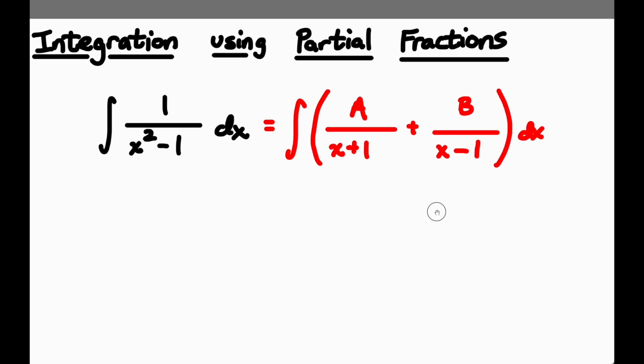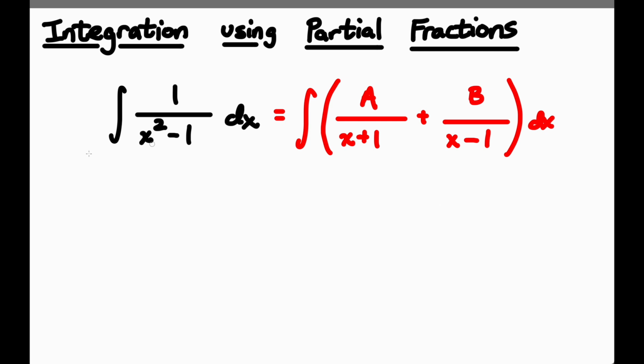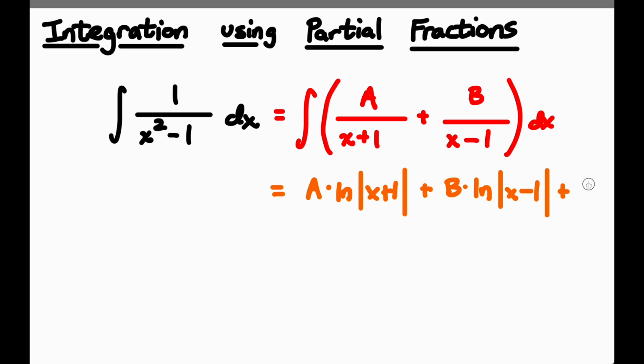Okay, so from here, if we wanted to, and I have seen some people do it this way, you can solve this to be A times the ln of x plus 1, divided by 1, because the inner derivative is 1, but we don't need to worry about that, plus B times ln of x minus 1, plus C. Now this would be the answer, so we can actually be done with this, but we don't know what that capital A and that capital B are to be able to solve this problem.